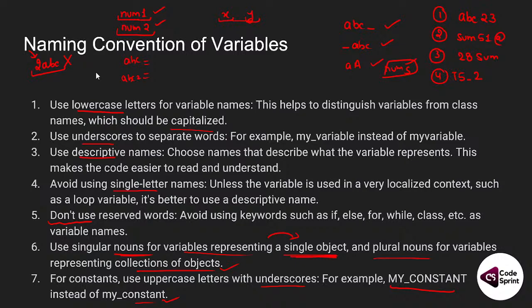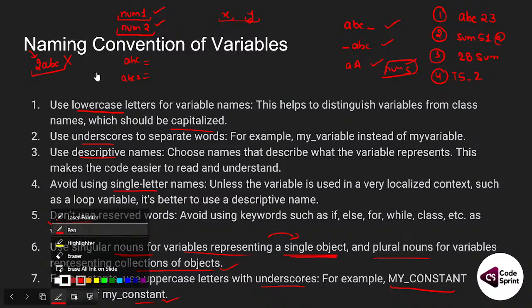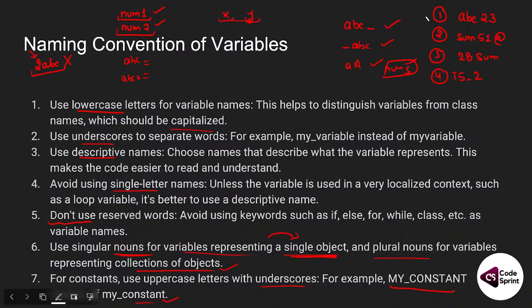Now, yes, you are telling the right answers. Those who are saying 1 and 4 are valid, that is actually correct. Okay, 1 and 4 are the valid ones, and 2 and 3 are not valid for a naming convention.